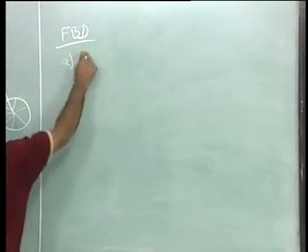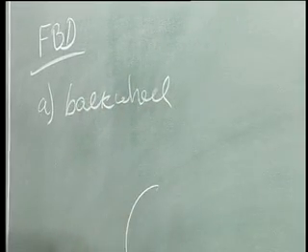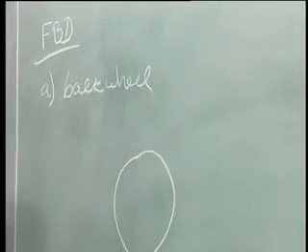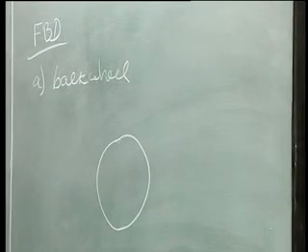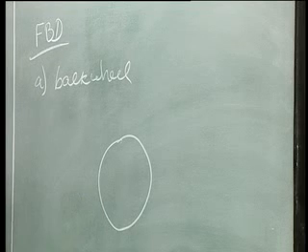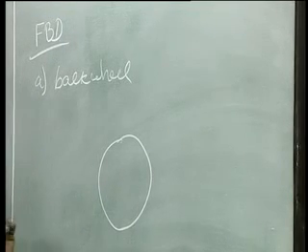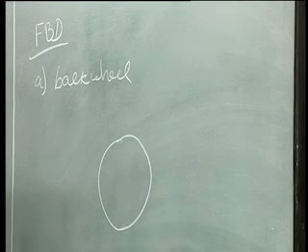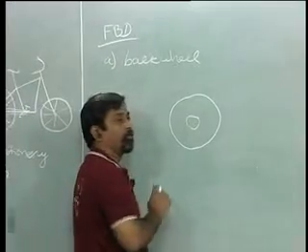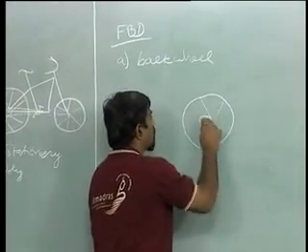Okay, so we will draw the back wheel. Mind you, if we have to do, let us say, a free body diagram, it is important to free the body from constraints and introduce whatever external forces are applied on it. Okay, in this particular case, if I consider the free body of the back wheel, it has spokes in it, right?